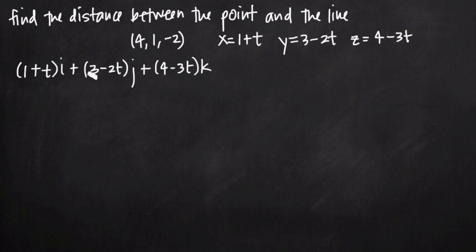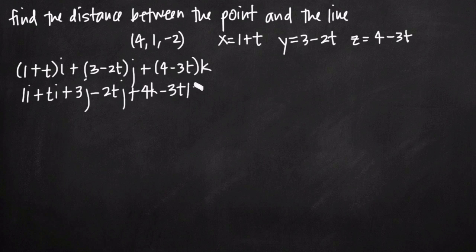So in order to do that, we're going to reorganize our terms a little bit. Let's go ahead and distribute each of these values. We're going to get 1i plus ti, plus 3j minus 2tj, plus 4k minus 3tk when we distribute. We're going to put all of our t values together and all of our terms that don't involve t together.